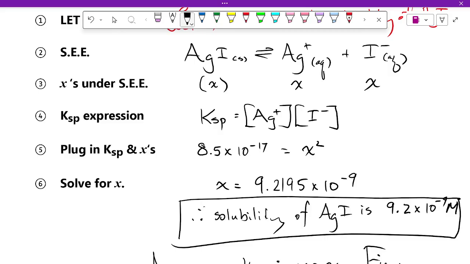CE. 8.5 times 10 to the negative 17. Oh, except I probably should just type root first, right? How do you root that? Okay, there's something wrong with this calculator, and I don't know what it is. Get a different calculator. Yeah.